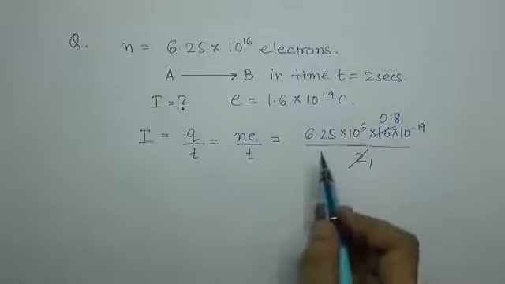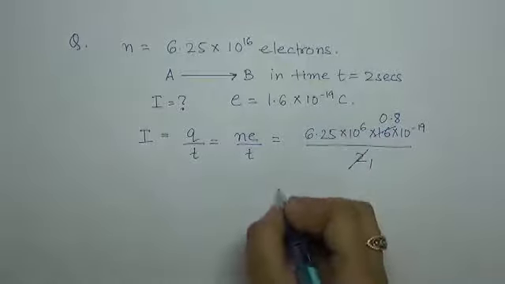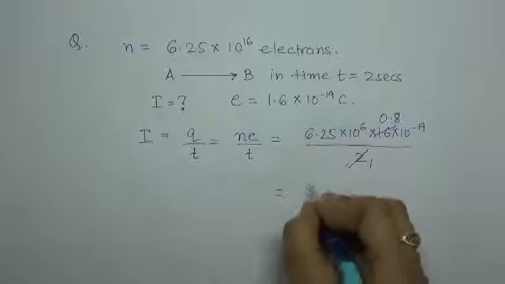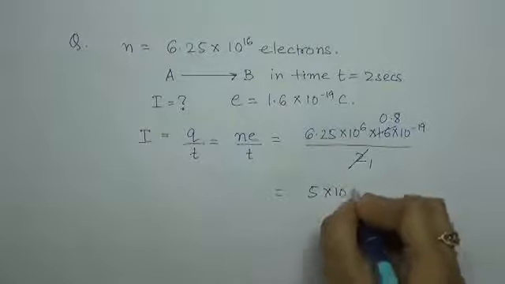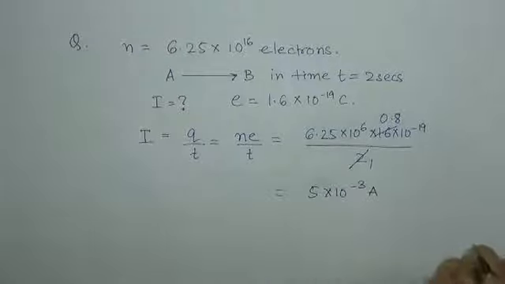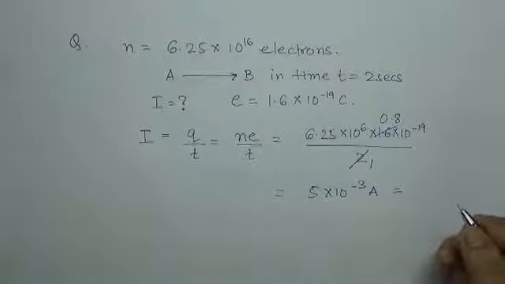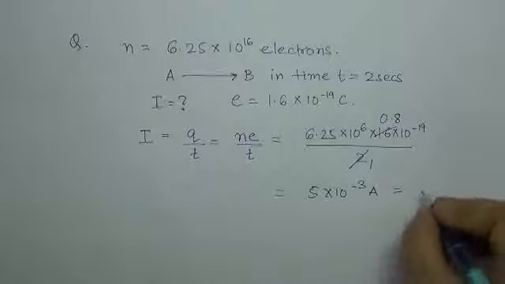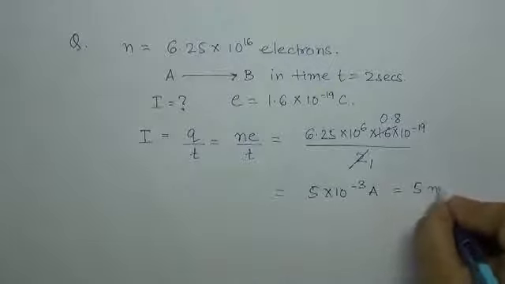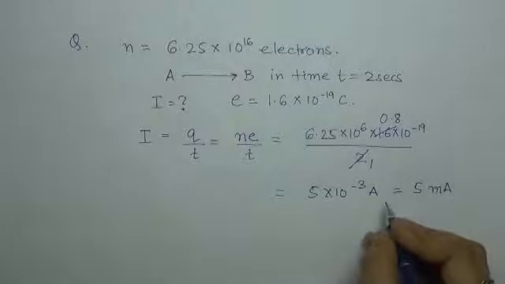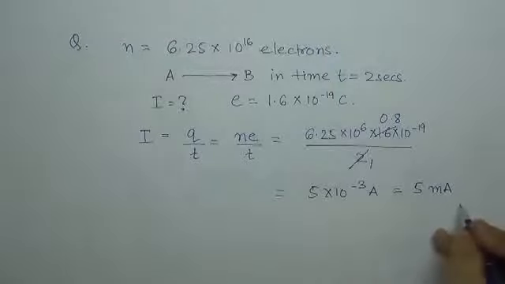After doing the calculations, you are going to get 5 into 10 to the power minus 3 ampere. We know that 10 to the power minus 3 ampere is equal to 1 milliampere. So we can also write it as 5 milliampere. You can leave the answer in ampere or convert it to milliampere, not an issue.